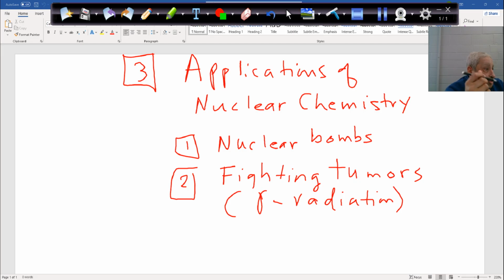Gamma can go through the body and out. The other radiation, because they have masses, can't really fight tumors. The only thing that will fight tumors is gamma radiation, or X-ray. Those are waves. All the waves can fight tumors, but not the ones that have masses. They will bounce back to the source.